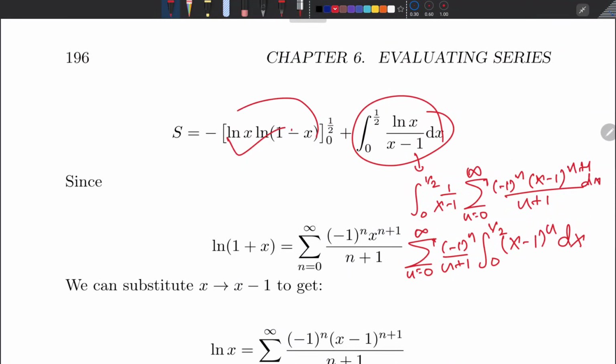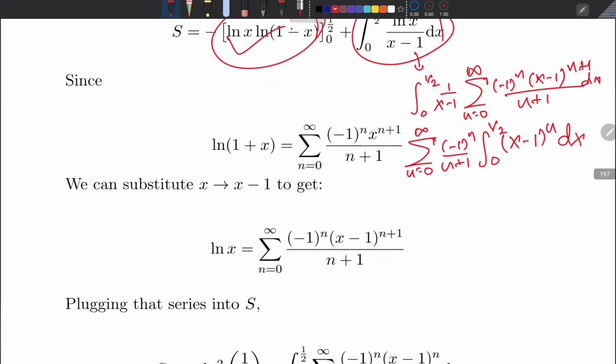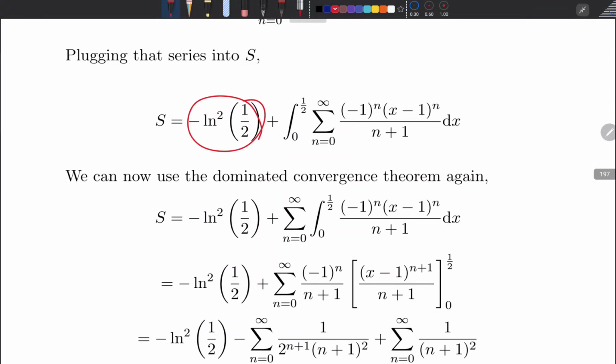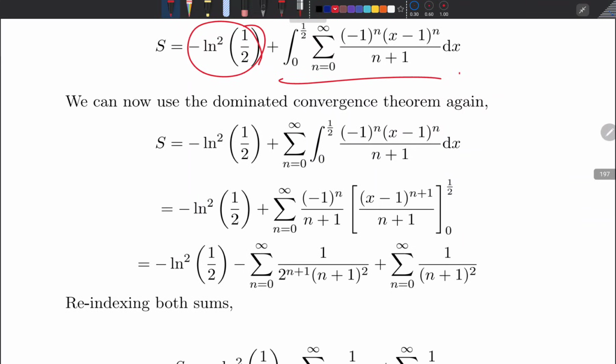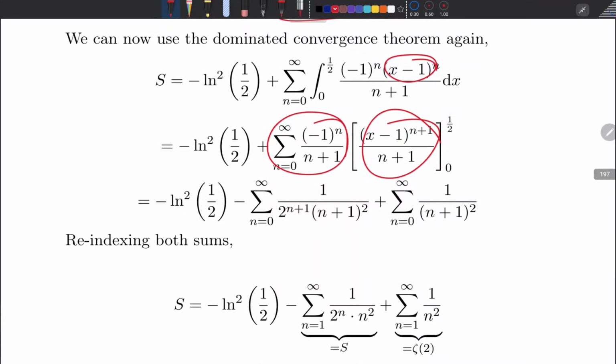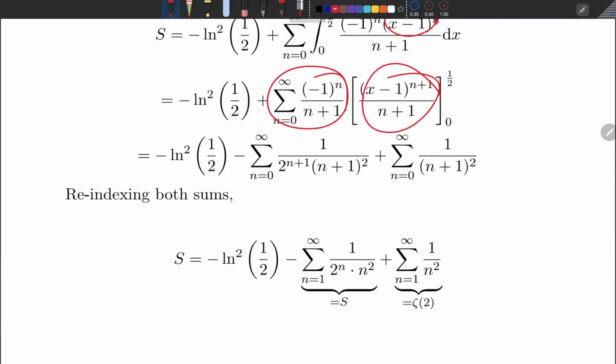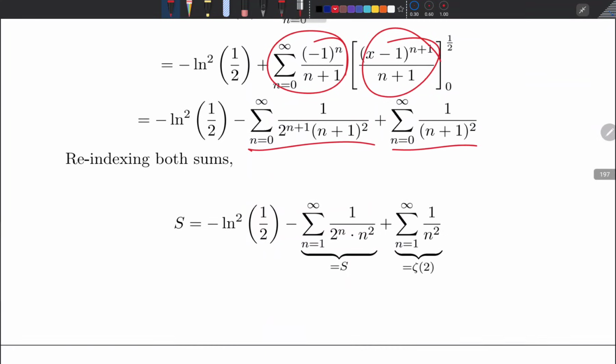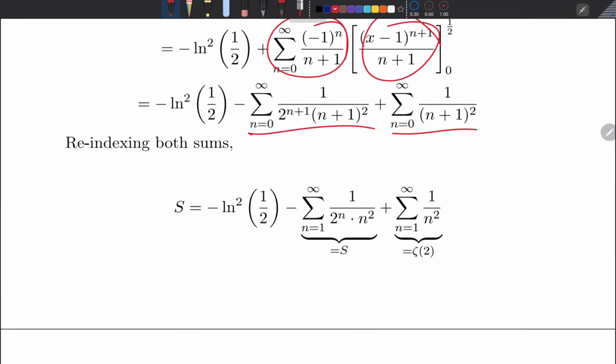After evaluating this part, we have this integral right over here, and we successfully switched up the order of integration and integrated this part. That's where we can separate and get two integrals separately, right?